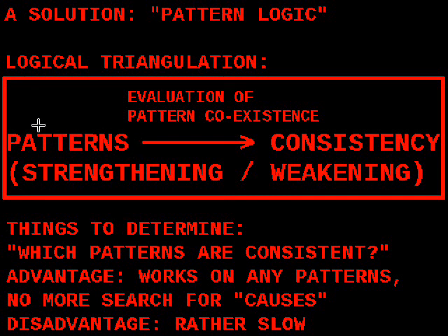The question, therefore, is about the strengthening, or alternatively, the weakening of pattern relations. And this is done by evaluating the potential of coexistence of certain pattern relations. So the things to determine are which patterns are consistent.